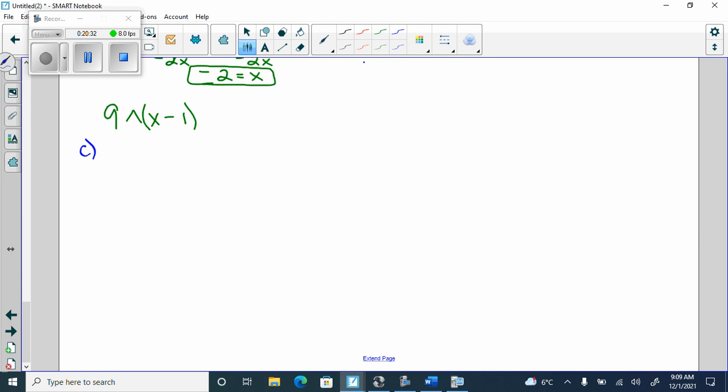What about this one? 16 equals 1/2 to the x plus 4. What's my issue?